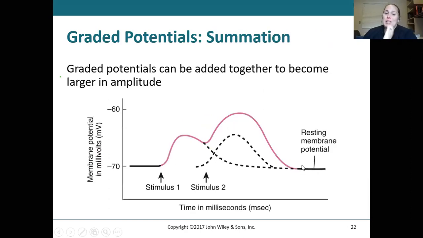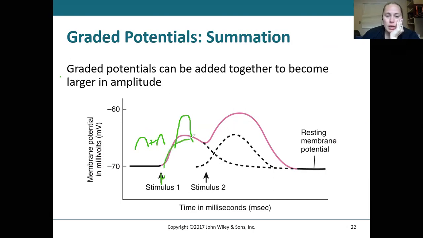So graded potentials can be added together to become larger in amplitude. So they're summative, or there's a summation. So if you have, let's say, a bump that is this big, and you add another bump that is this big, you can get a bump that is this big. And that's essentially what this is showing you here.